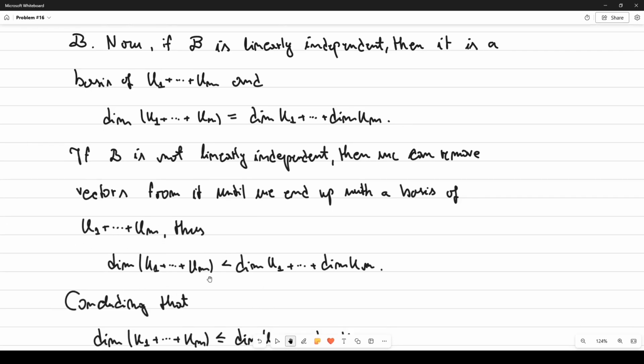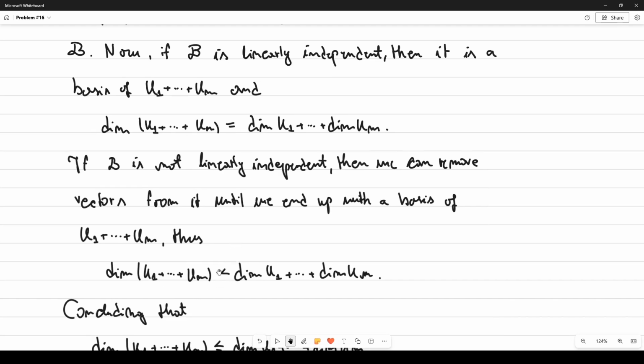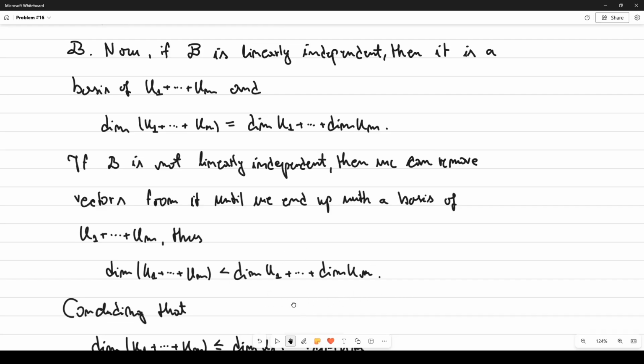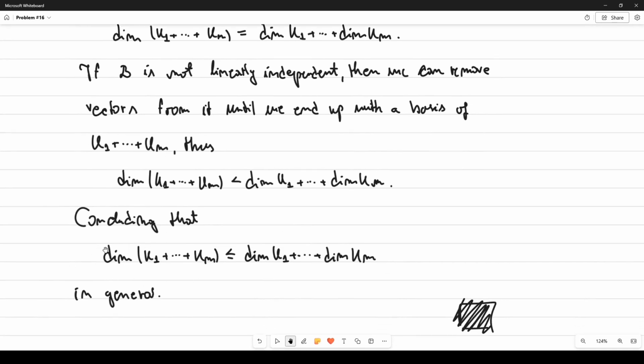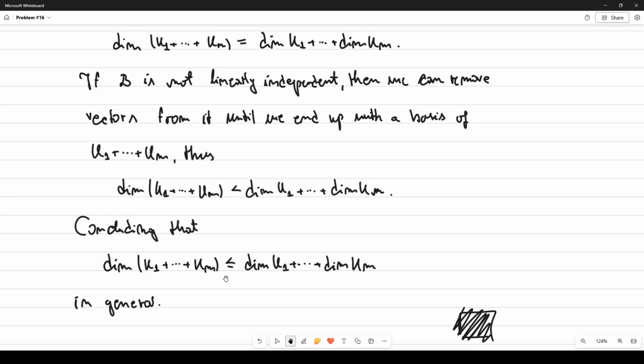Thus, the dimension of the sum of subspaces is, in this case, strictly less than the sum of all of the dimensions separately, concluding that the dimension of the sum of subspaces is less than or equal to the sum of dimensions separately in general.